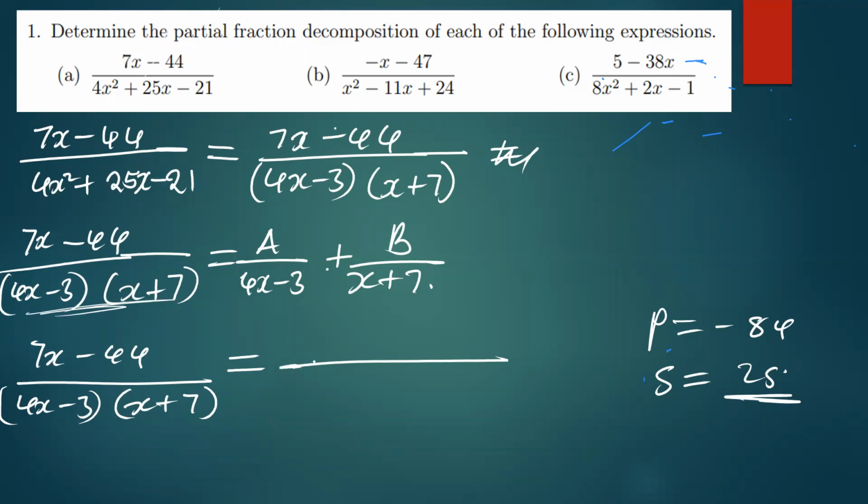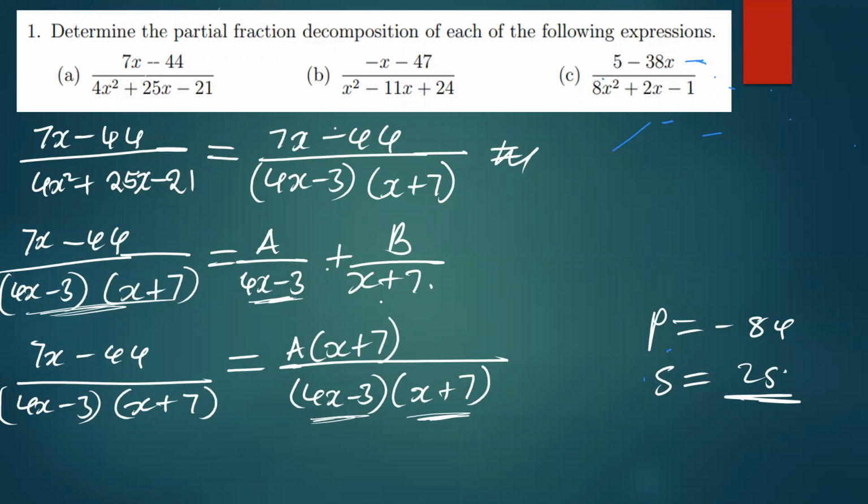So you have 4x minus 3, then x plus 7 there. And then on top, you say this divided by that, you're going to get this part. And this part times A means you're going to have A, open brackets, x plus 7. And then this part times B, you're going to have a positive and then B times that.